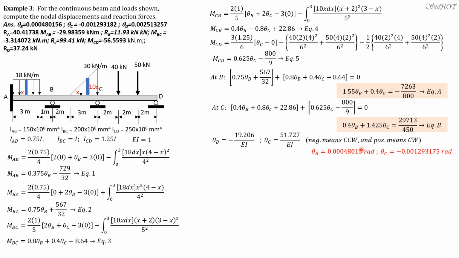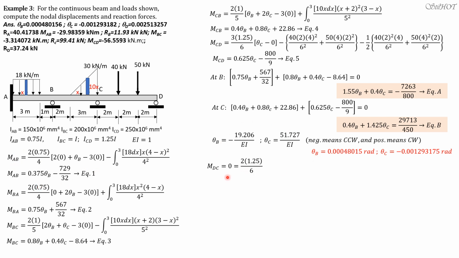So having found these values of thetas for the rotations, actual rotations, we will use these values here in computing for moment AB because these equations were set up based on slope deflection convention.